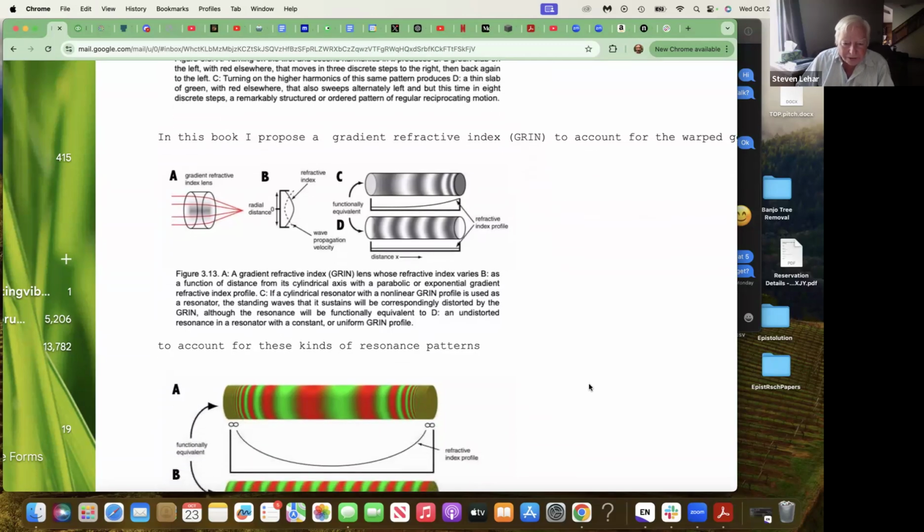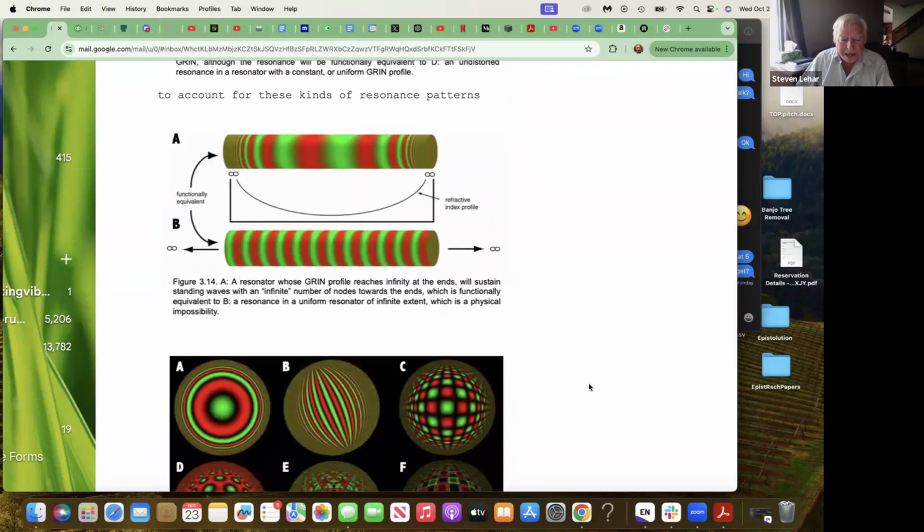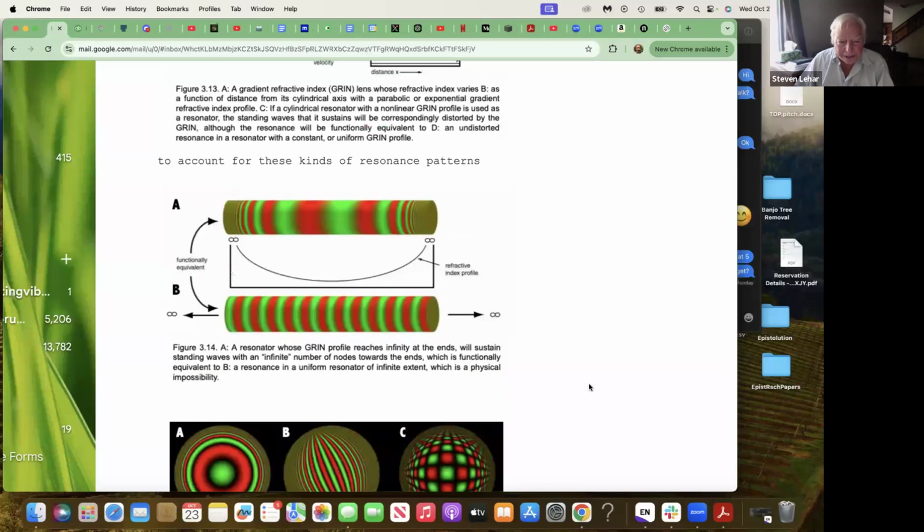If you scroll down the colored picture there, B is a sinusoid that goes on to infinity. A uses gradient refractive optics to squeeze the waves at the ends, potentially all the way to infinity.